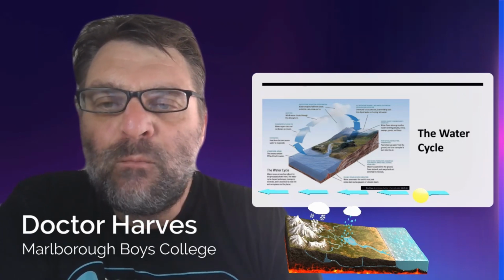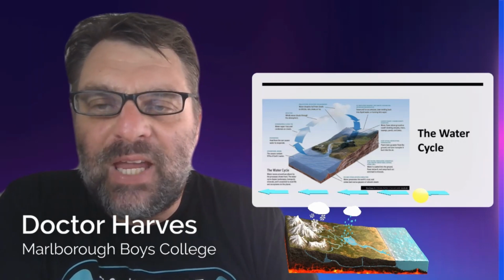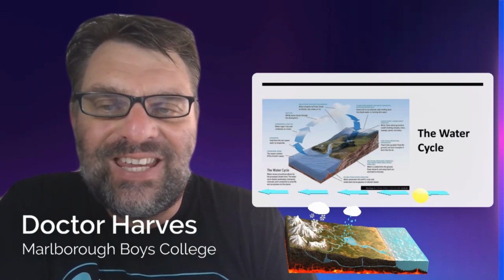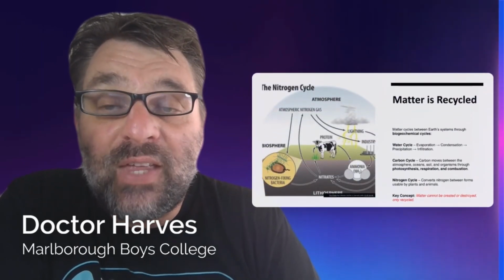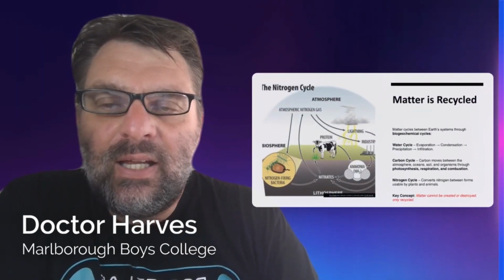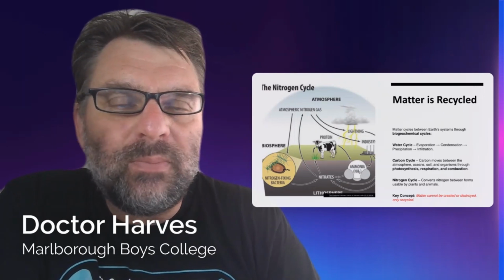But you can see that basically the water is being recycled through all four spheres. It's not being lost anywhere. Okay, so the key point there is that matter is being recycled, those atoms.